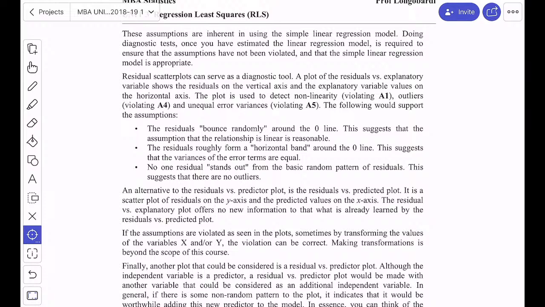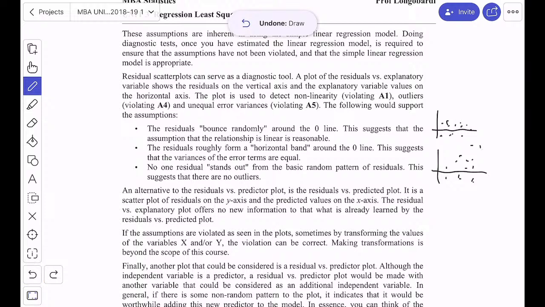There should be no pattern. They should be randomly jumping around. Okay, that's what it's saying. They shouldn't be like this. This is not really looking very good, is it? They shouldn't be getting wider as x increases.